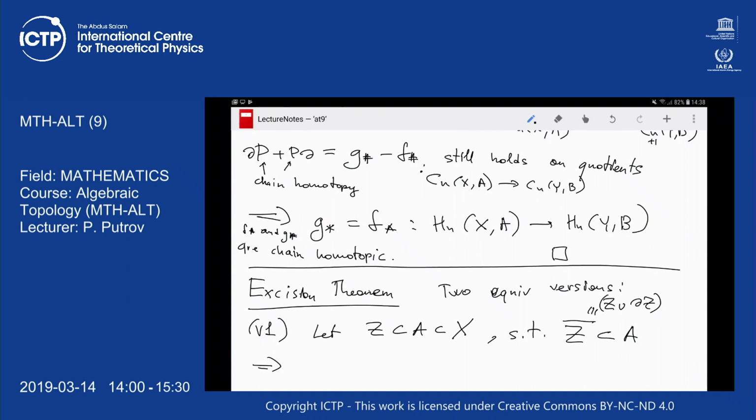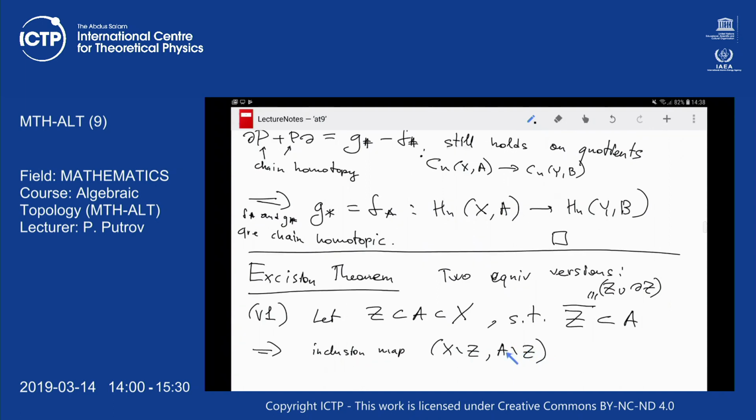And then we can consider the inclusion map as a map between pairs, X minus Z, where this minus is a set minus, so this is the complement of Z inside X. Since A was a subspace in X, A minus Z will be a subspace in this complement.